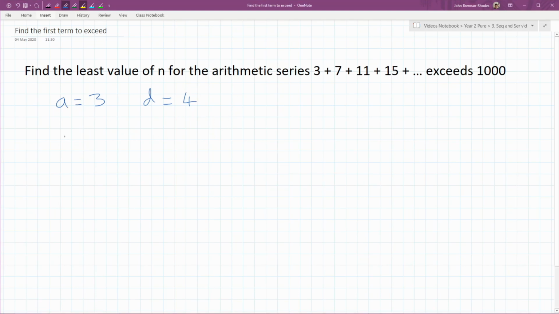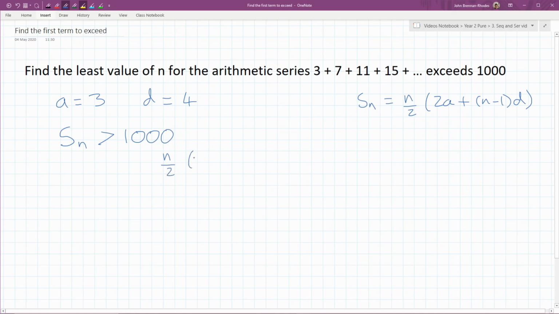And I want to know what value of n does S_n first exceed 1000. Well, again, I'm going to remind myself S_n is equal to n over 2, times (2a plus (n minus 1)d). So I want n over 2 times (2a plus (n minus 1)d) to be greater than 1000.